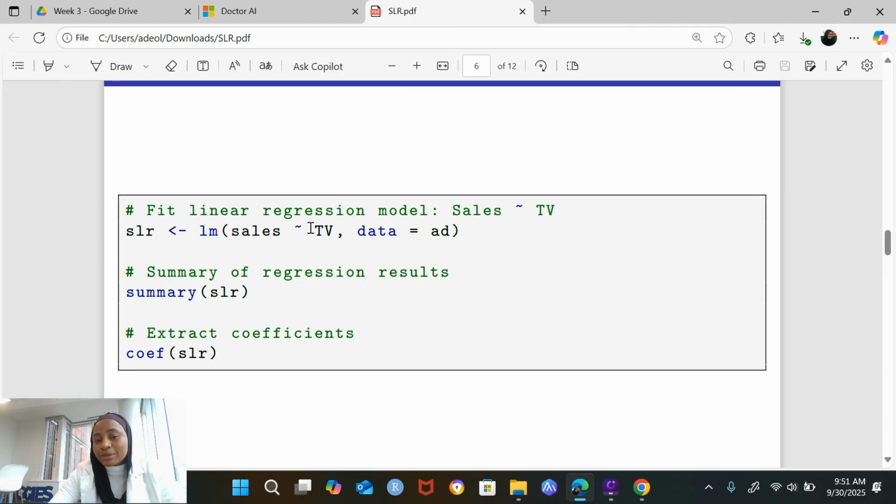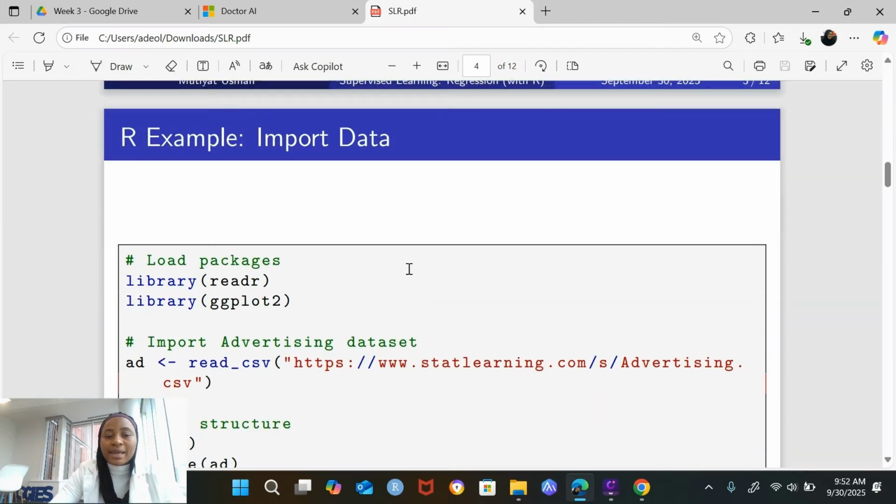This is the outcome. This sign is what you use. It's just like the way we write a distribution and say a particular variable is distributed normally with maybe some parameters. But here we are saying that the sales is modeled on TV. When you want to type this sign, I think it is shift on the keypad before your one. And then you type TV and then you indicate your data, which we already specified in this place.